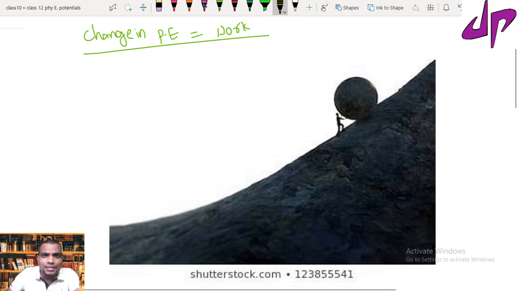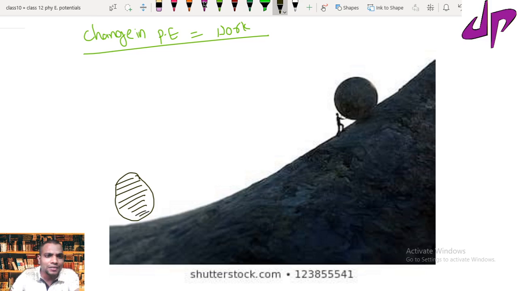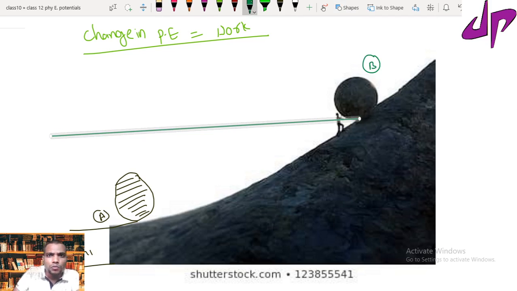To understand that, take a case. Suppose initially I have a stone here at point A. This stone is at a height h1 from the ground. Now the stone is moved by applying a force to point B, which is at a height h2 from the ground.